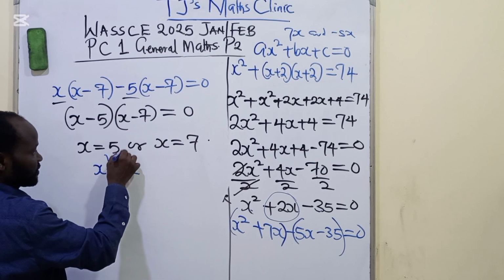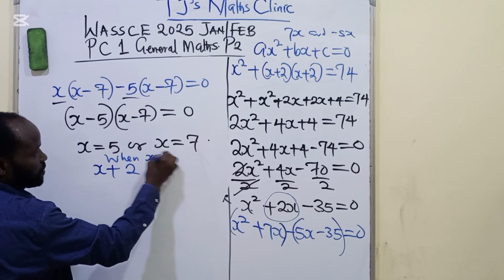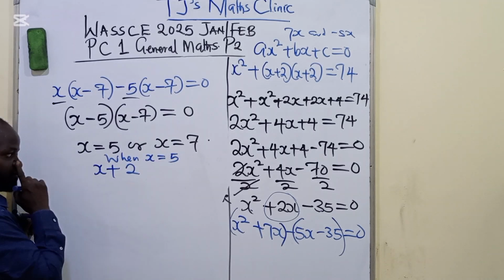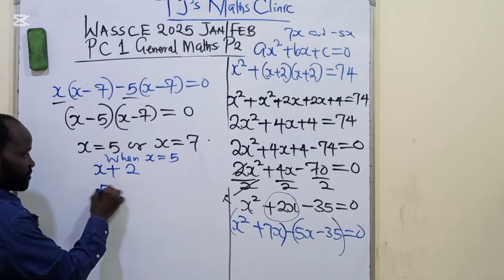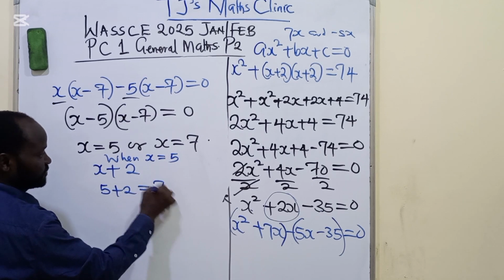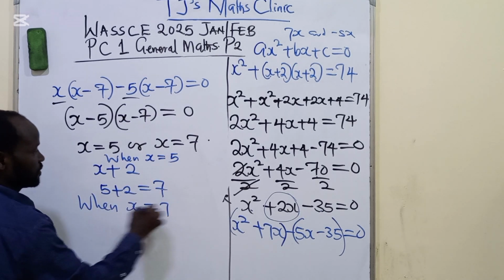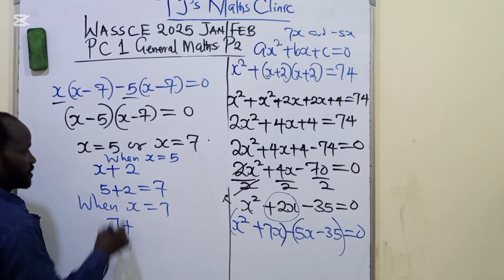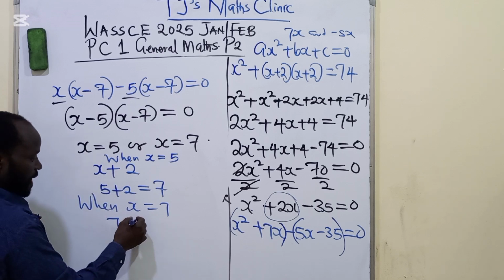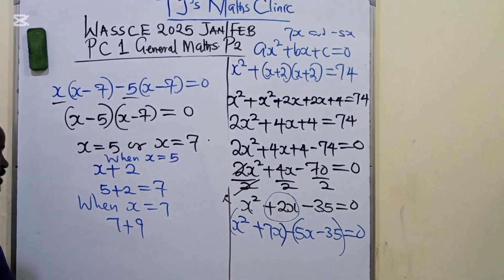So when x is 5, what will be the second consecutive number? It could be 5 plus 2, that will be 7. Then when x is 7, it will be 7 plus what? 7 plus 2, that is 9.